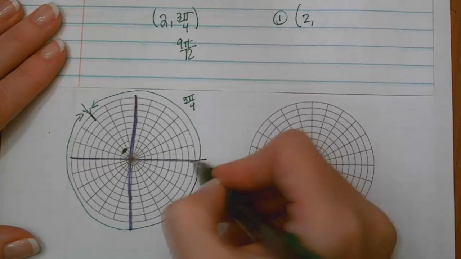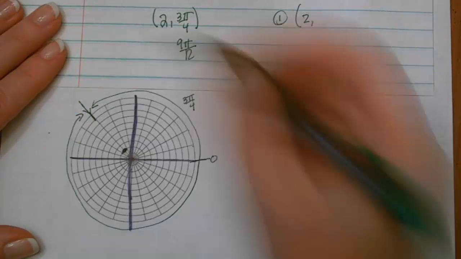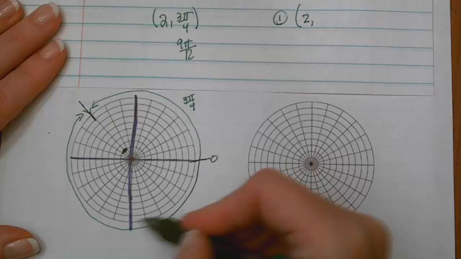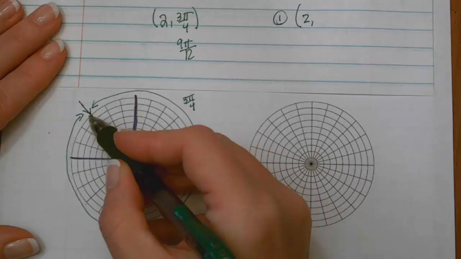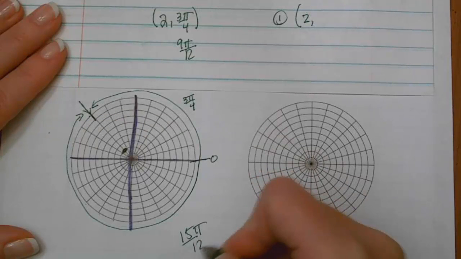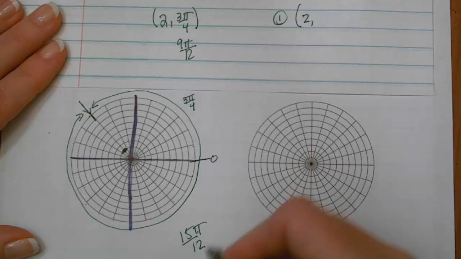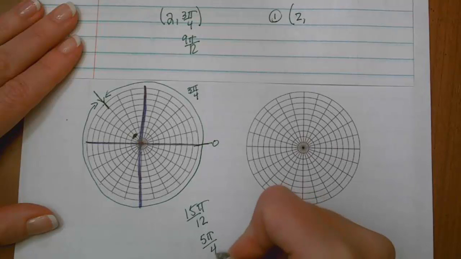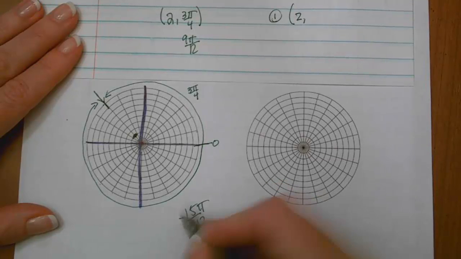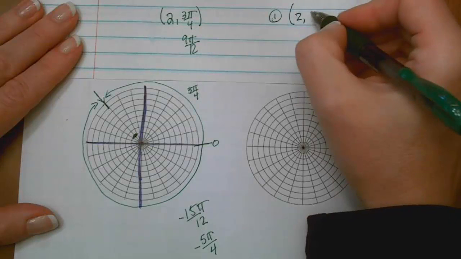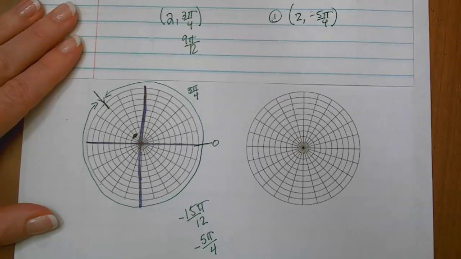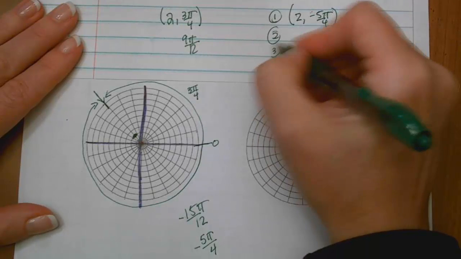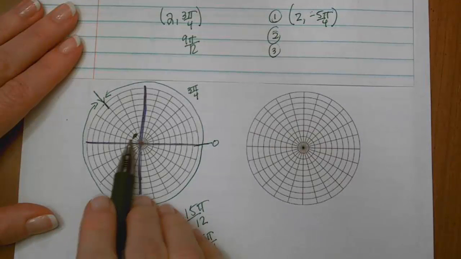And this distance would be 1, 2, 3, 4, 5, 6, 7, 8, 9, 10, 11, 12, 13, 14, 15 pi over 12, and 15 pi over 12 is divisible by 3, so I would get 5 pi over 4 in a negative direction. So another way to represent this exact same point is 2, -5 pi over 4. So I still have to come up with 2 additional ways to represent this point.